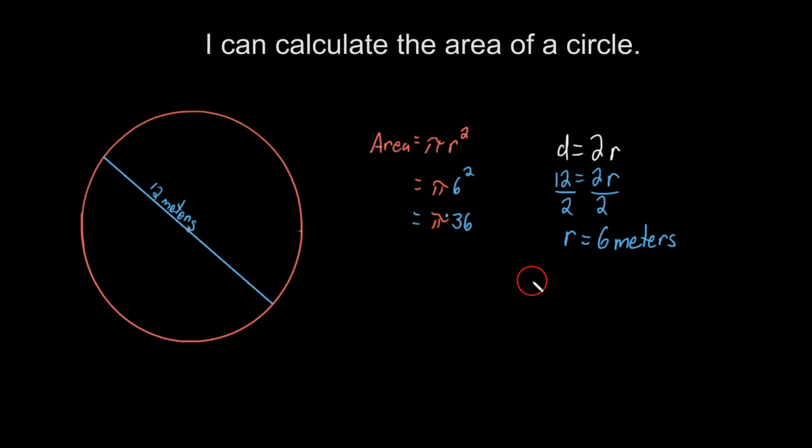And if we wanted to leave this in terms of pi, we'd get 36 pi, and we could just leave it as that. This would be in terms of pi. However, if we wanted a rounded answer, we can substitute 3.14 in for pi, in which case we'd get 3.14 times 36, and 3.14 times 36 is going to give us 113.04.